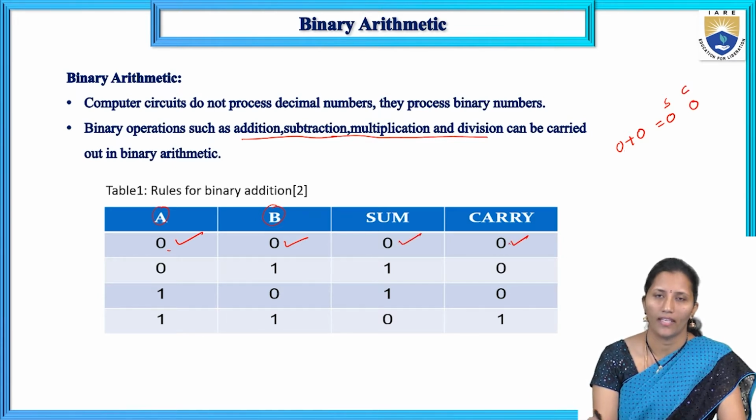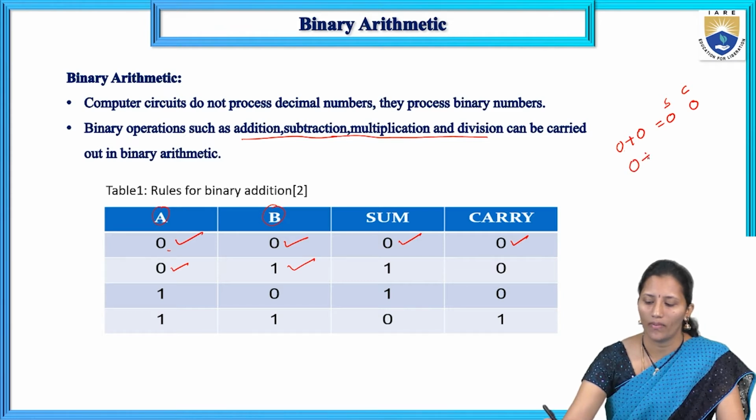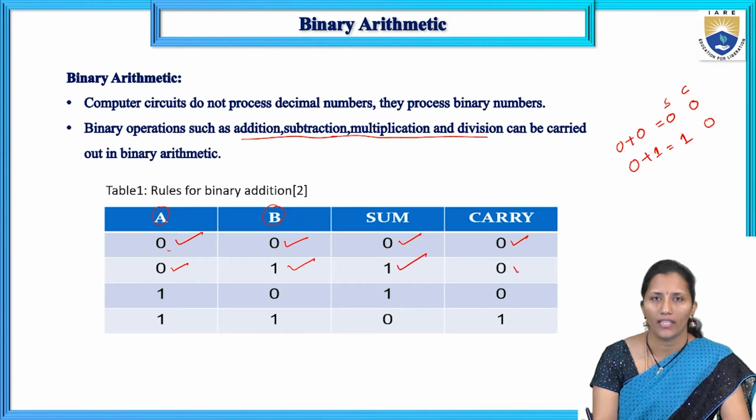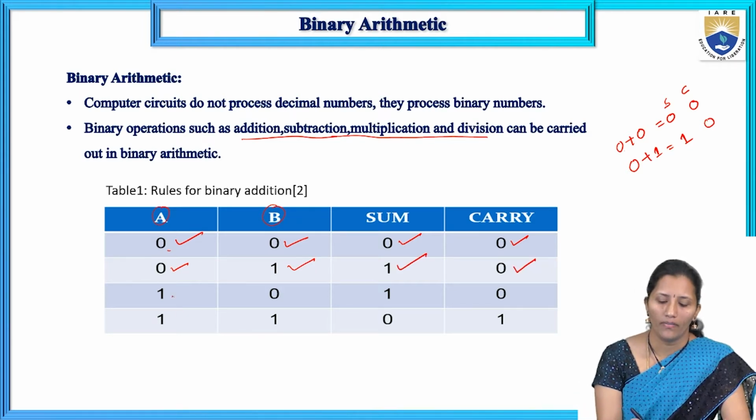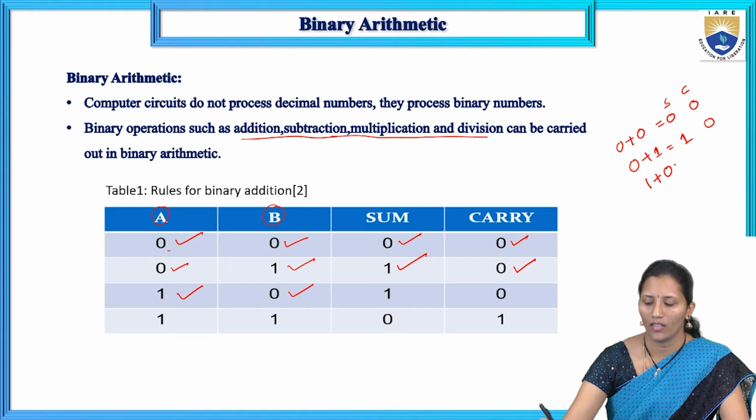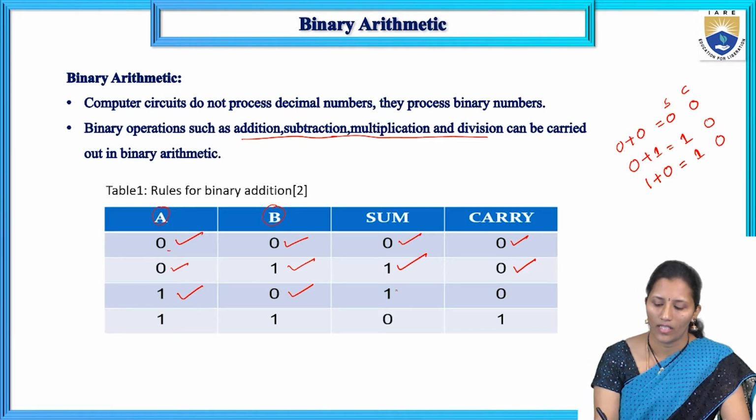If A is 0 and B is 1, 0 plus 1, the sum is 1 and carry is 0. If A is 1 and B is 0, 1 plus 0, the sum is 1 and carry is 0.